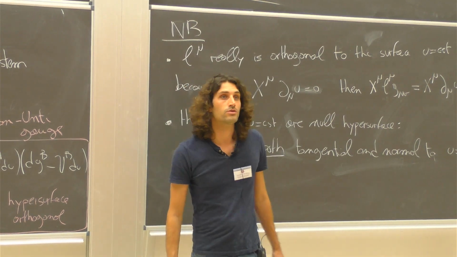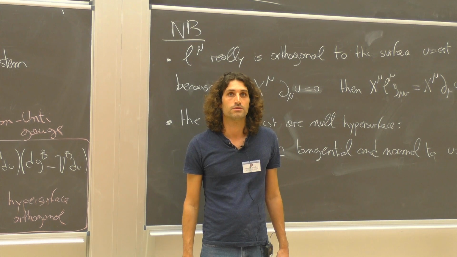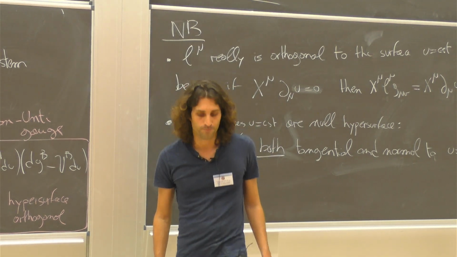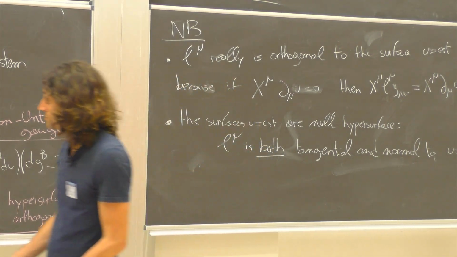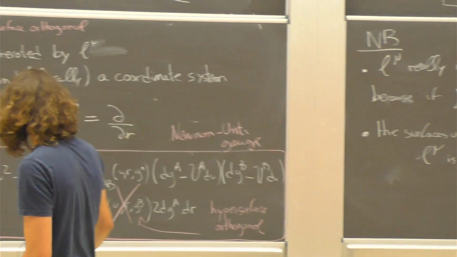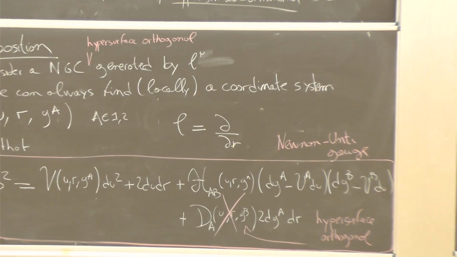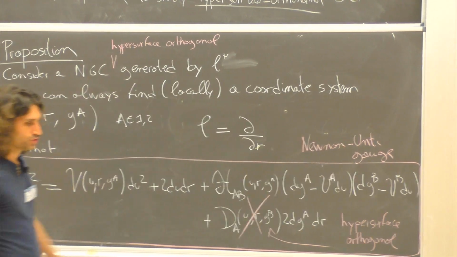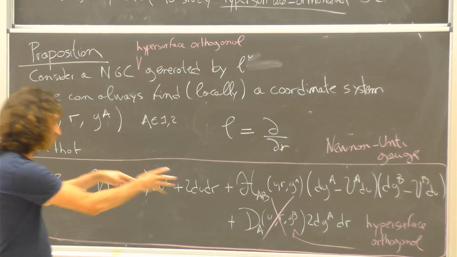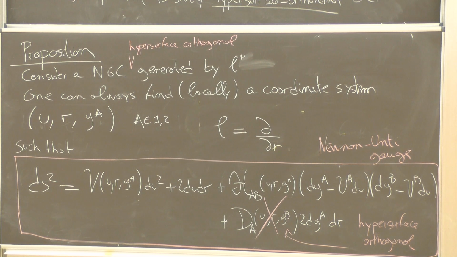Is there any question on this aspect? No? The point is that we are going to see this set of coordinates appearing many times, and I want you to keep in mind that it's not just a coordinate system. Geometrically, anytime you see this, you have this congruence of null geodesics which are going to infinity.